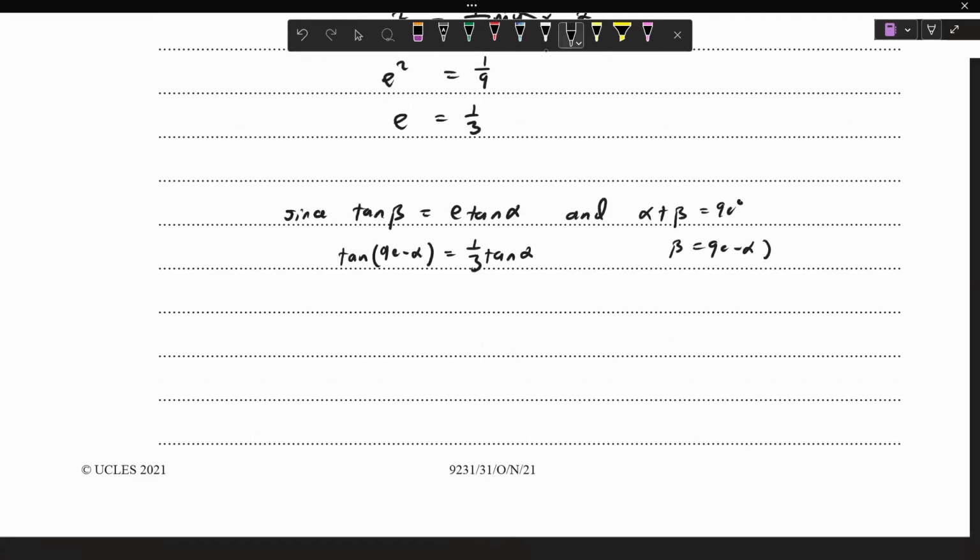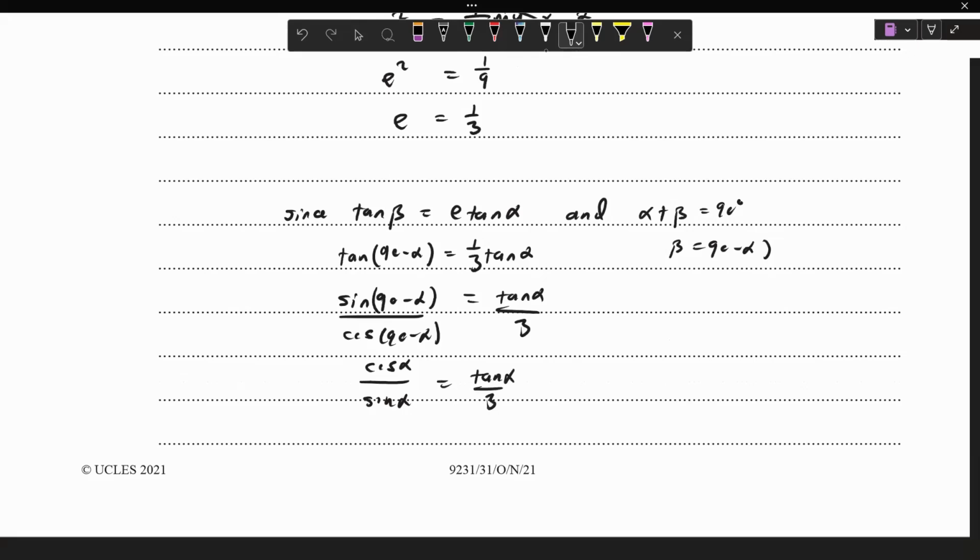Tan of 90 minus alpha is sine of 90 minus alpha over cos of 90 minus alpha, which equals tan alpha over 3. That is the same as cos alpha over sine alpha equals tan alpha over 3.